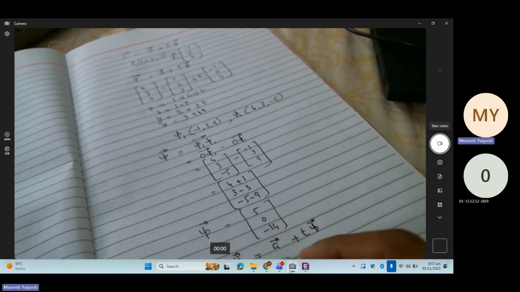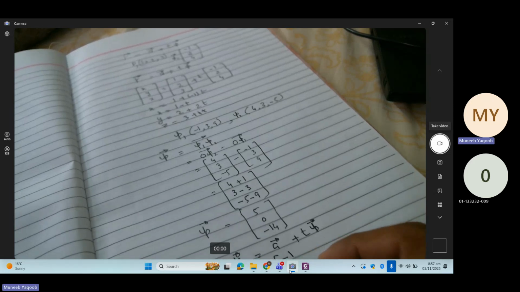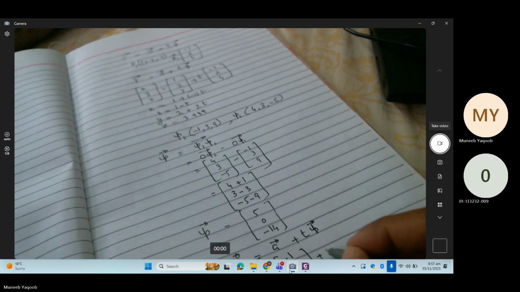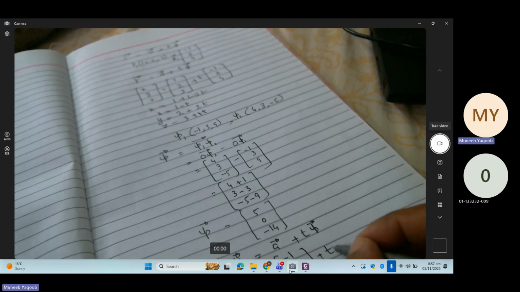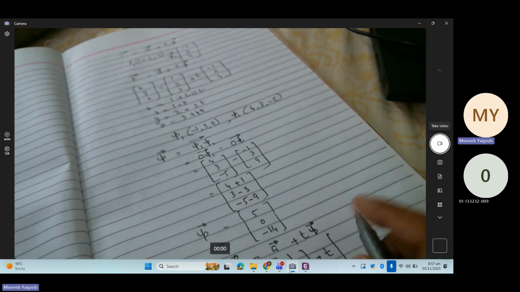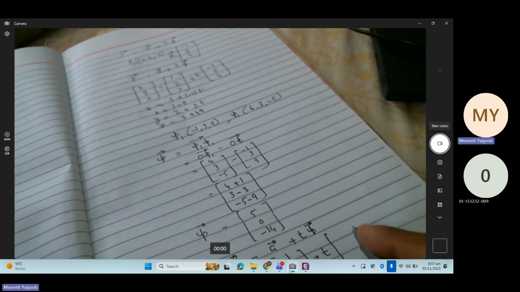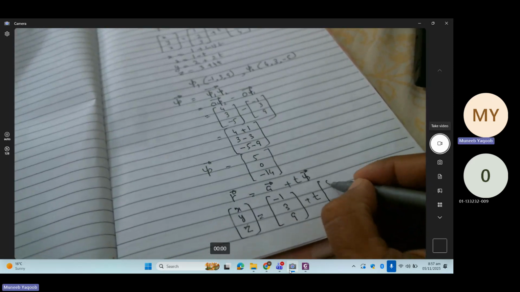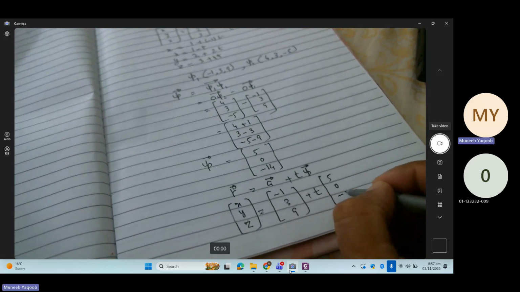Suppose we are using P1. So in place of A, we will write -1, 3, and 9. In place of T, we will write T, since it is a variable, a parametric variable. And then in place of P, we will write the direction vector, that is 5, 0, -14.